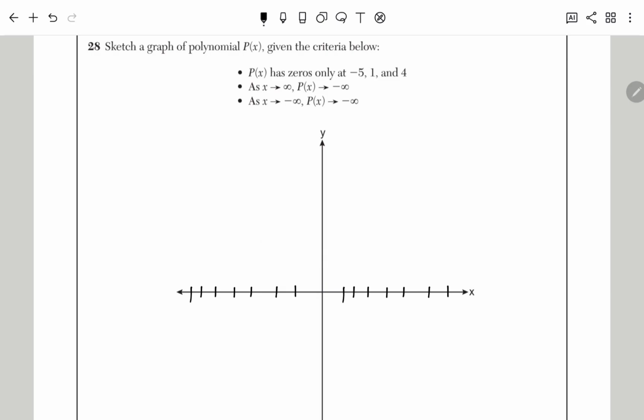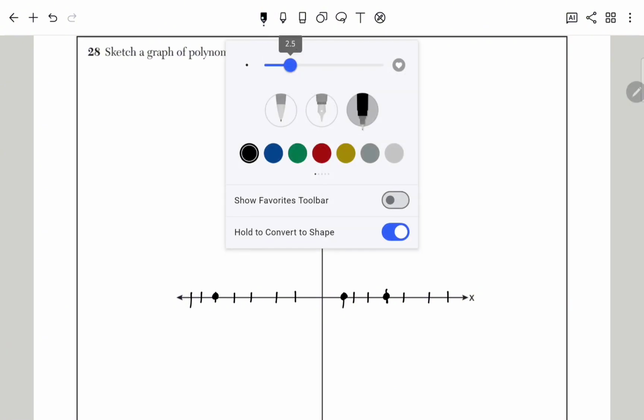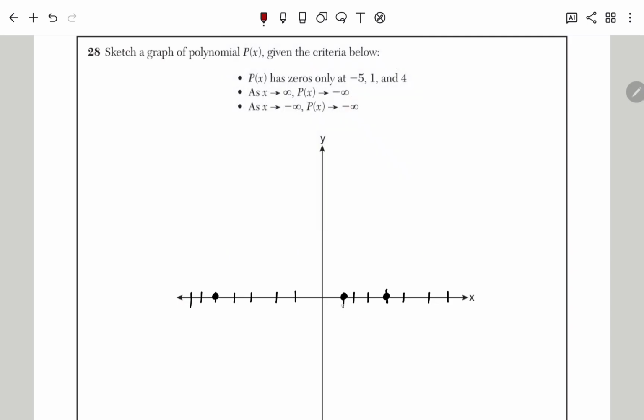So we have a zero at -5, a zero at 1, and a zero at 4. And then our condition says that as x approaches positive infinity, p of x approaches negative infinity. So that means that right here, because this is my positive infinity for x, my y is going to go down here.